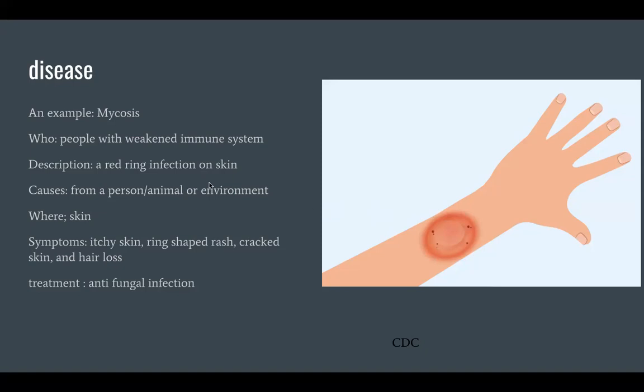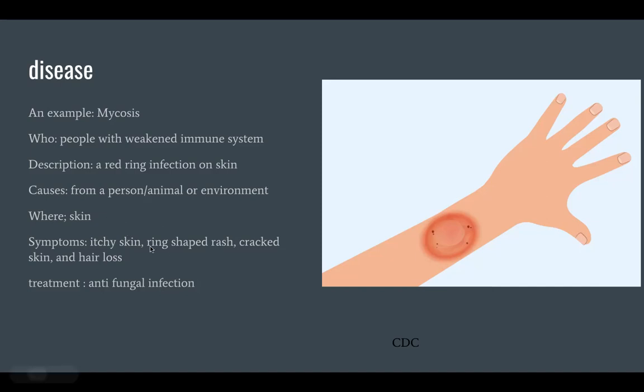And the causes are, you can get mycosis from a person who has the disease, or an animal who has the disease, or from very environments that have a lot of moisture, and it's most found like on the skin of an animal or human.